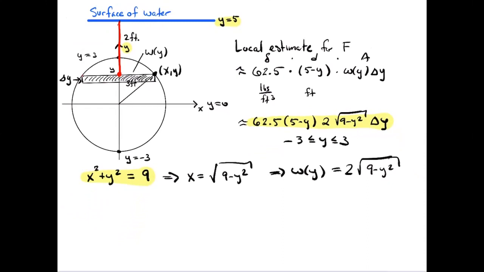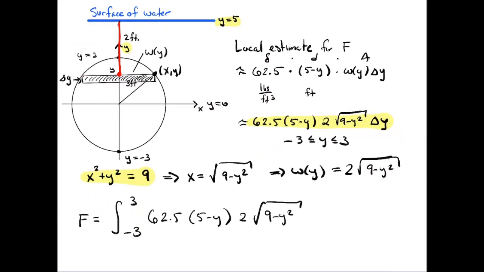All right, so let's do it. The force is the integral from -3 to 3, and I'm just writing my local estimate: 62.5 times 5 minus y times 2 times the square root of 9 minus y squared, and in the integral, delta y becomes the infinitesimal differential dy.